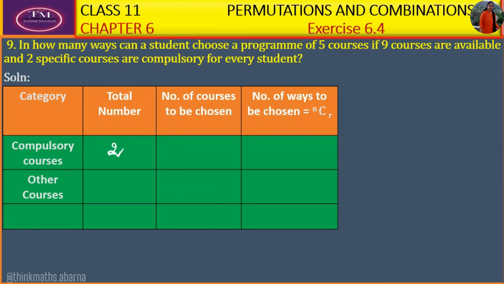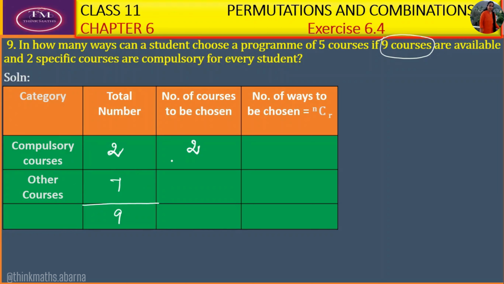As they are compulsory, these 2 courses must be chosen. Both the courses should be chosen. So in total, how many courses are there? In total, they have 9 courses. In this, 2 are compulsory. The other courses remaining will be 9 minus 2, which is 7.